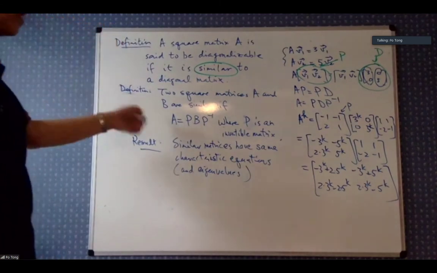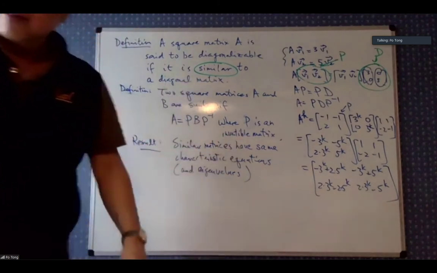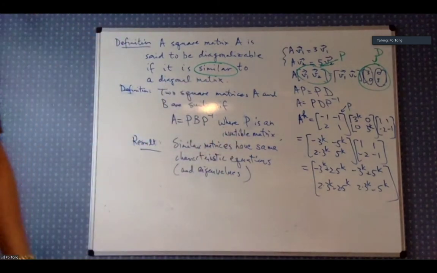So if A and B are similar, they have the same characteristic equation, and so they have the same eigenvalues. It's actually not too difficult to see.